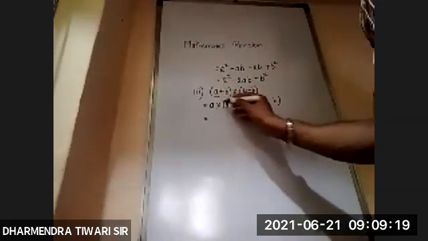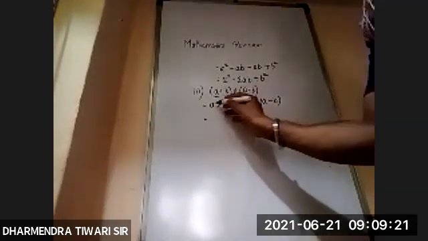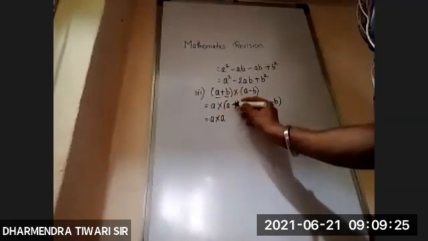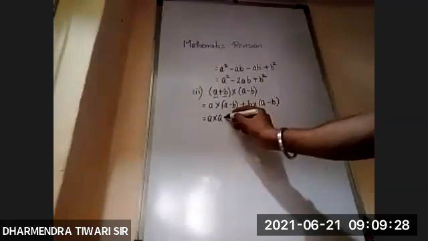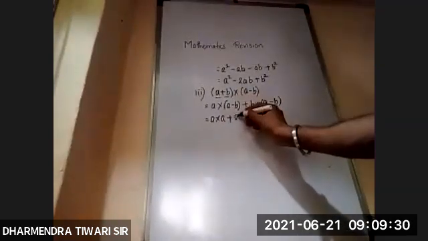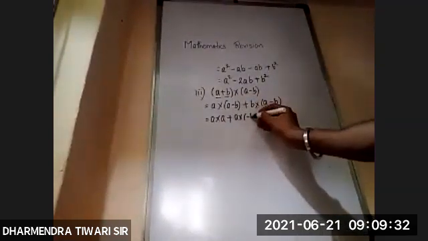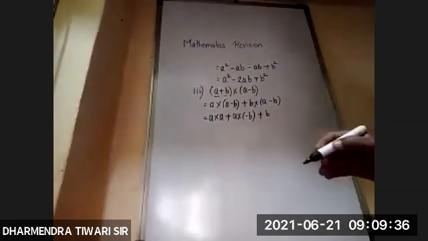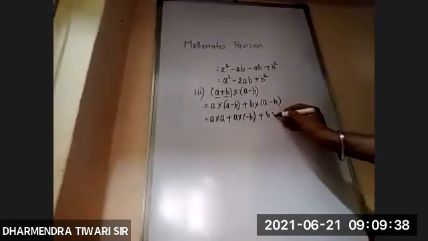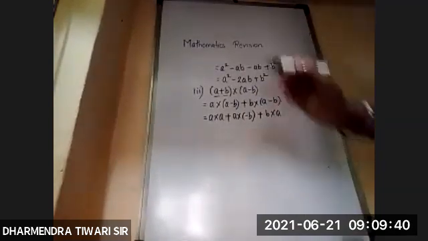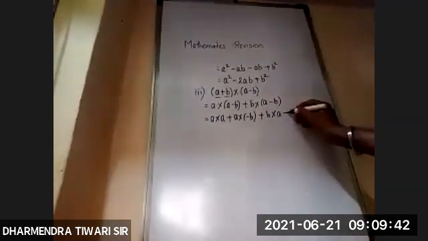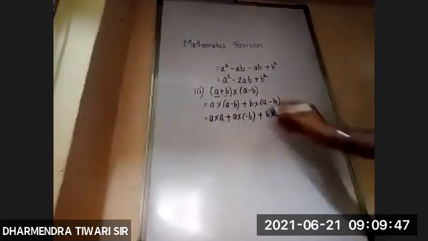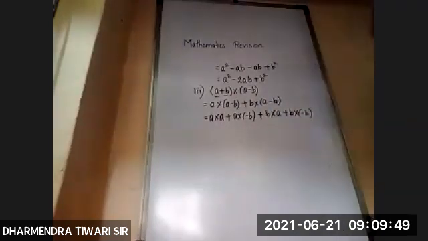Now open the bracket, multiplication distributes over subtraction this time. a into a, plus a into minus b, plus b into a, plus b into minus b. Multiplication distributes over subtraction.